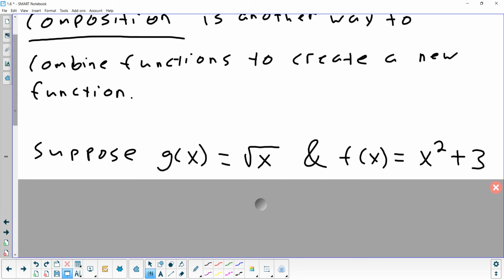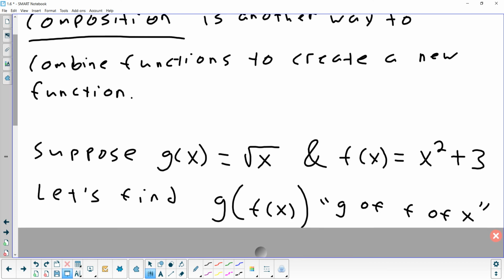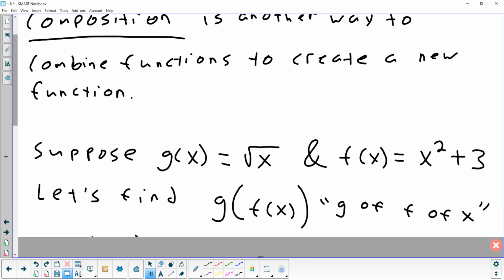First of all, we need 2 functions. I have one here called g of x, and another called f of x. We're going to try and find g of f of x, in that red box. That's how you pronounce it.